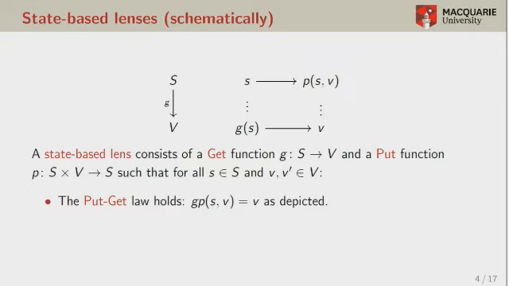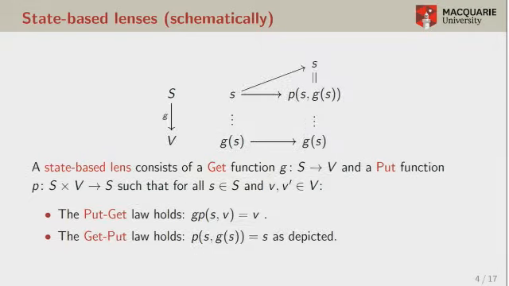So this P of S V, this state in S, lies above V in this diagram. And what's the get-put law? Well, the get-put law says if we take a source state and look at its view, and we don't change anything, so we go from GS to GS, when we update that, we should also not change anything at all.